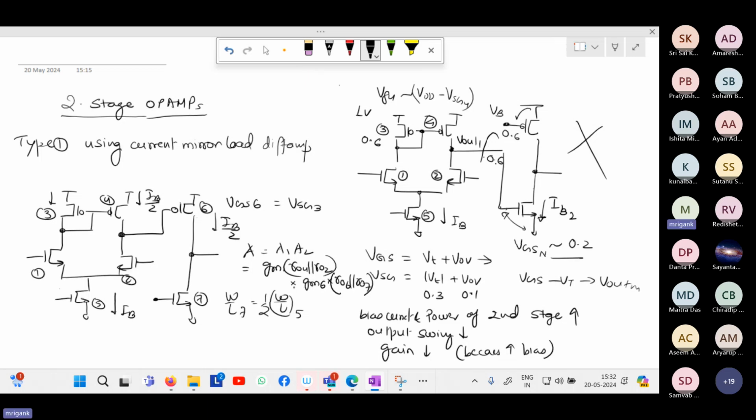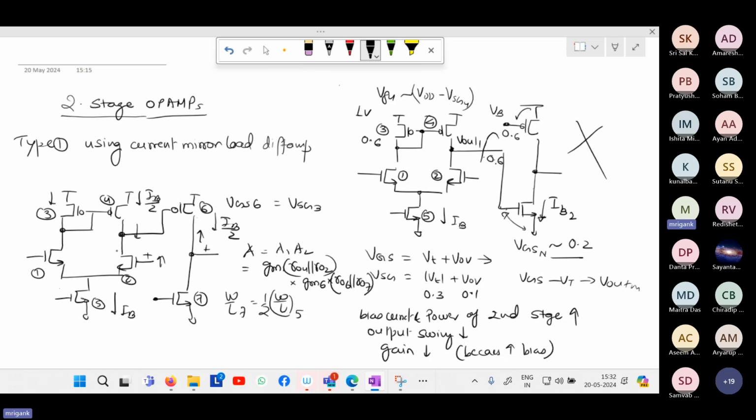Minus times minus gets plus. So if you are considering this, now in this case, what is going to be the positive terminal? What is going to be the negative terminal? If I consider this as the output, which is the positive terminal on the input side? This will be positive, right? Because if you increase this, this will reduce, and this will increase.